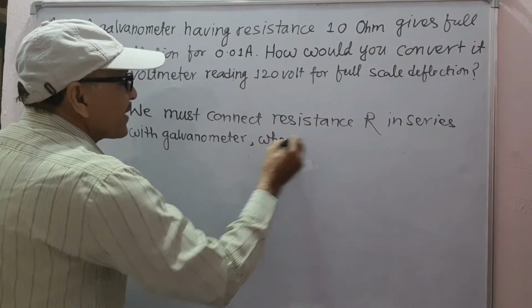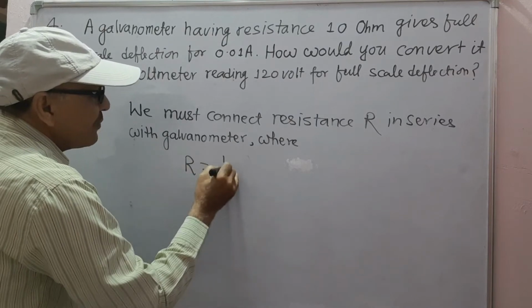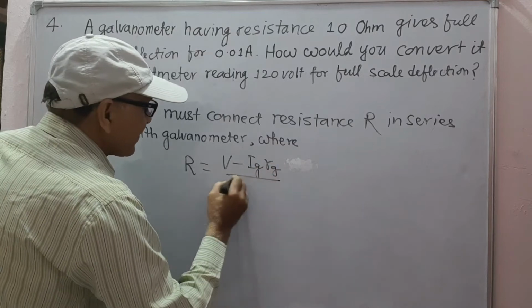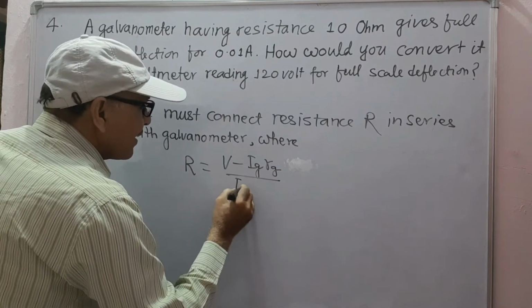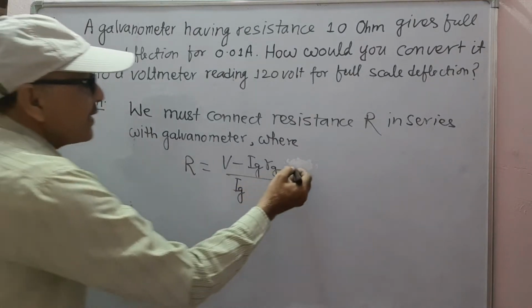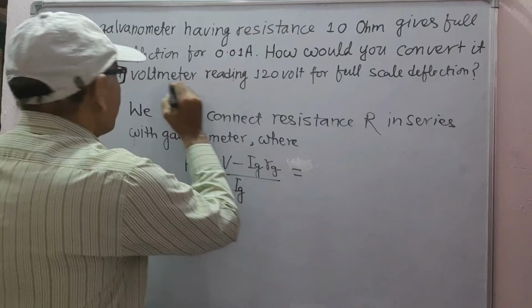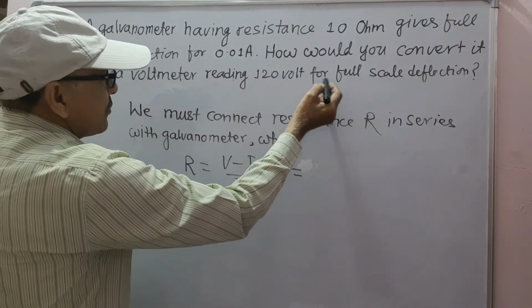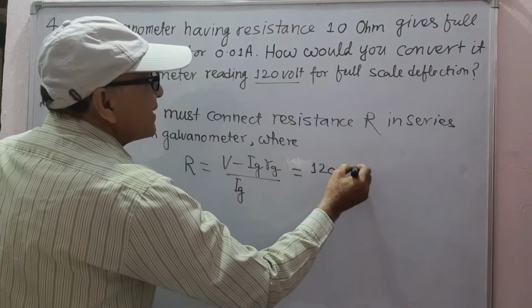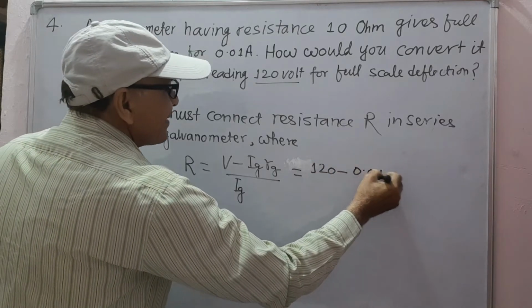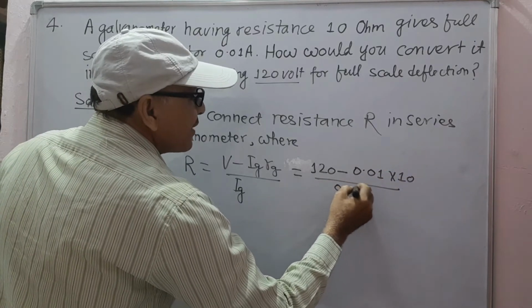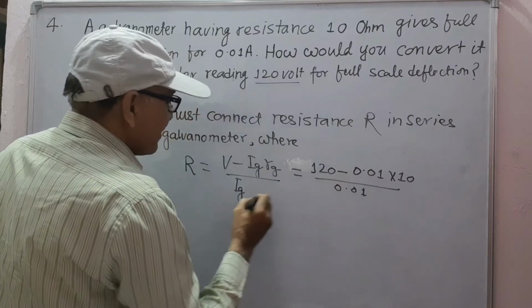Where R is V minus Ig into Rg upon Ig. Here V is 120 volt, 120 minus Ig is 0.01, Rg is 10, upon 0.01.